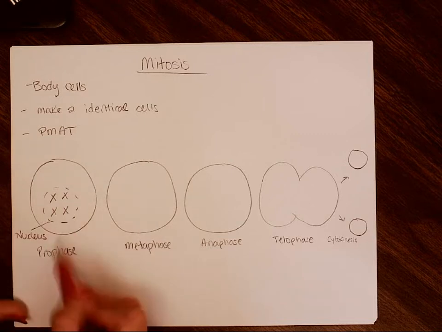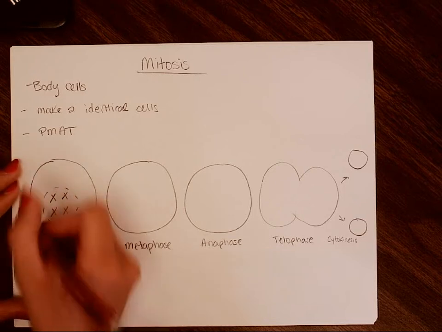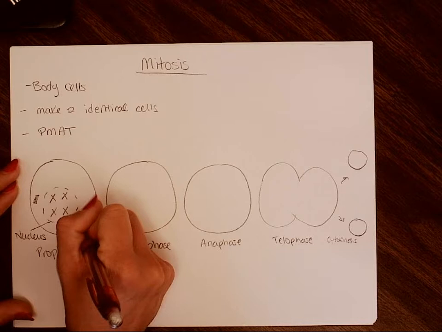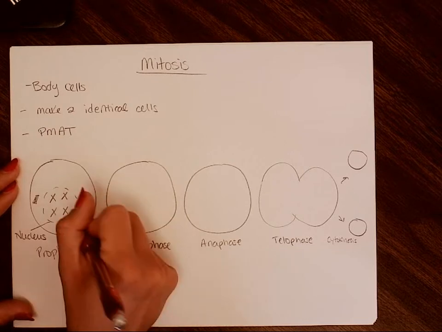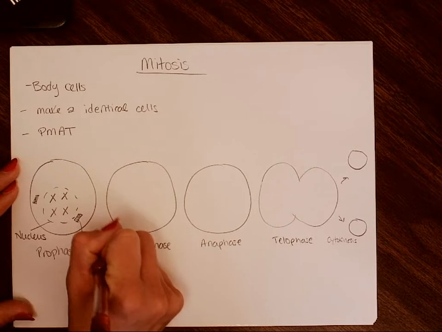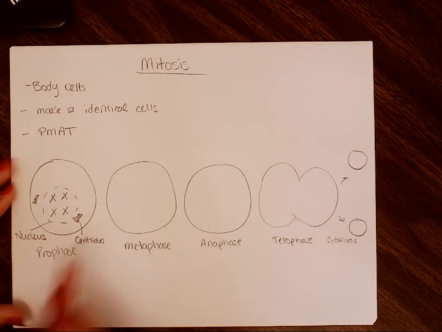So the nucleus breaks down, chromosomes become visible, and then we have this little organelle next to the nucleus called centrioles, which are going to help make spindle fibers in order to separate these chromosomes.